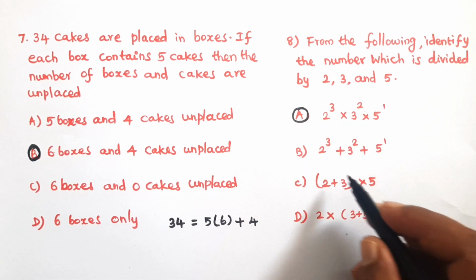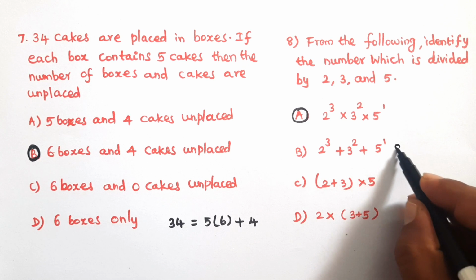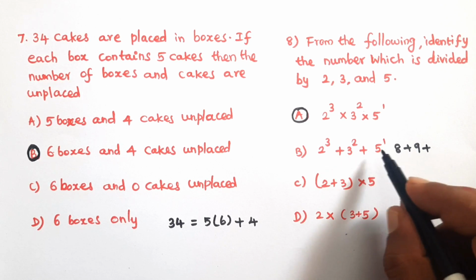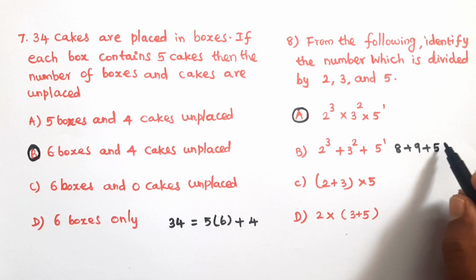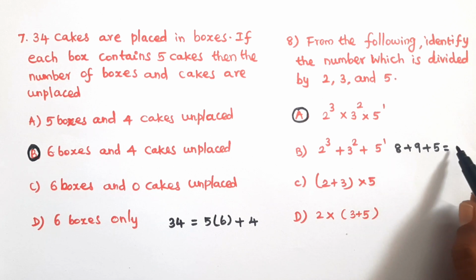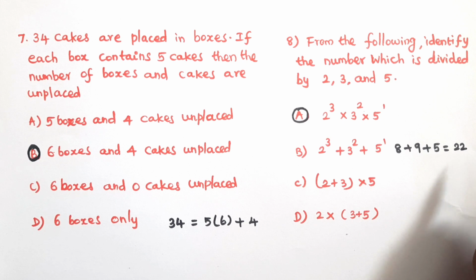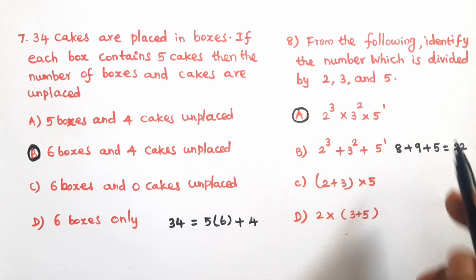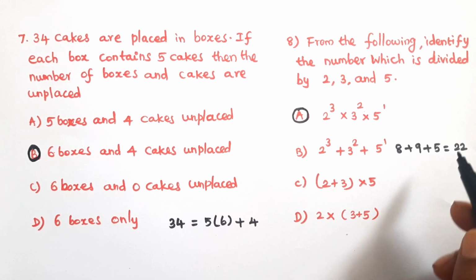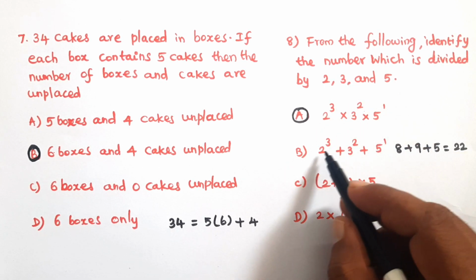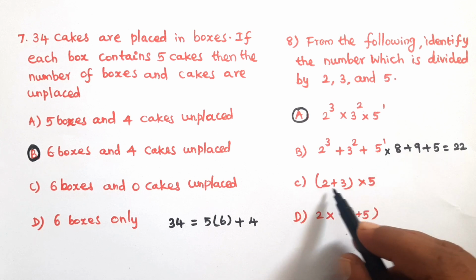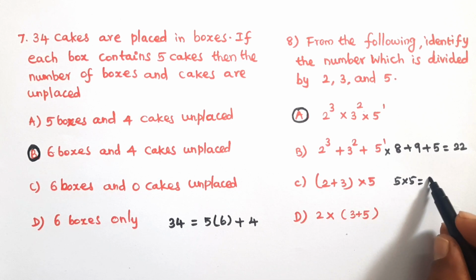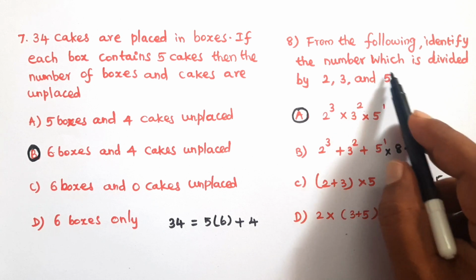Checking other options. 2 power 3 value 8, plus 3 square value 9, plus 5 power 1 value 5, we get 22, which is divisible by 2 only. So it is not divisible by 3 and 5, so this option is not correct. 2 plus 3 into 5 into 5, we get 25, which is divisible by 5 only.